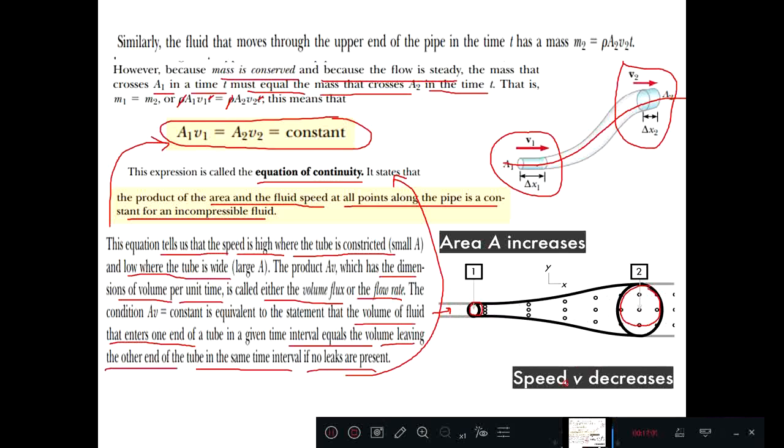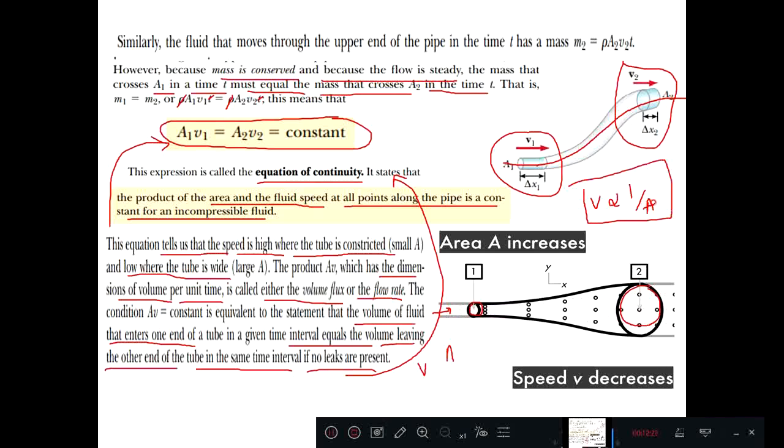You have to remember, wherever the area is small, the velocity is high. Wherever the area is large, the velocity is less. So you can write that velocity is inversely proportional to cross-sectional area. That is the continuity equation.